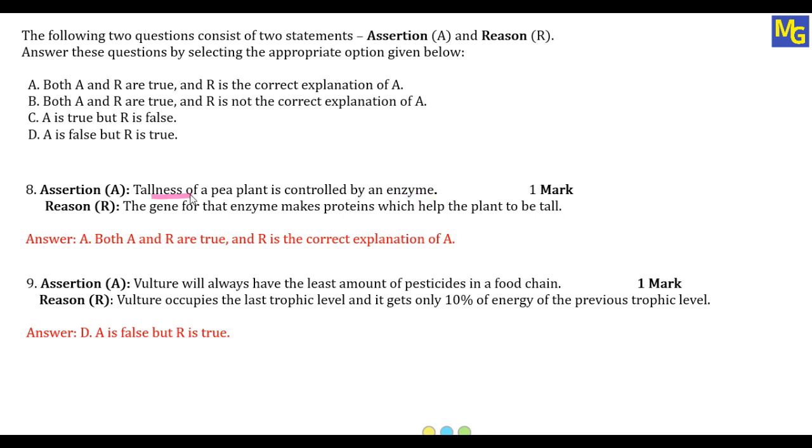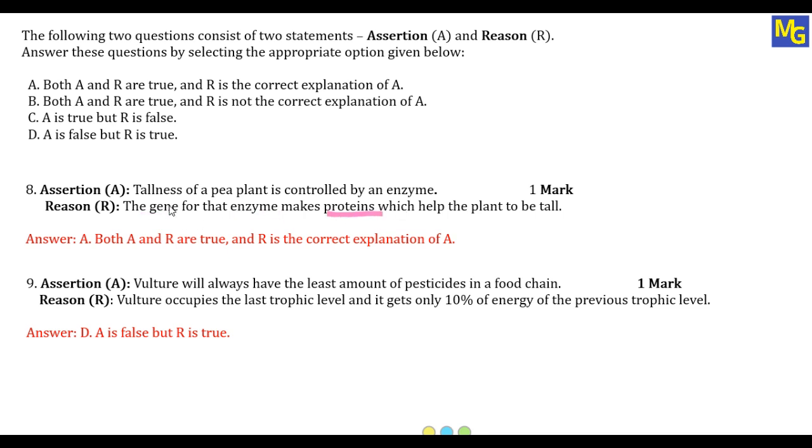Therefore, tallness of a pea plant is controlled by an enzyme. It is correct. Now, see the reason. The gene for that enzyme makes protein which helps the plant to be tall. Means gene is responsible for that enzyme which makes protein. Yes, it is also correct.